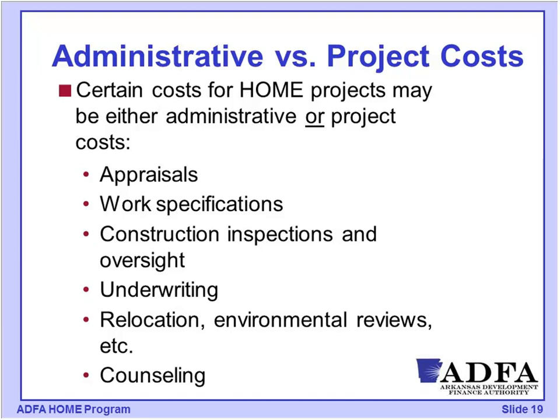If my function with the HOME program was doing the inspections, let's say we're running a homeowner rehab program, I'm going to do the initial inspections of those units that we're going to assist, write up a scope of work, and create work specifications that are going to be used as part of our bid packets for those projects. And then I'm also going to be the person that, as they request draws or as I do my ongoing inspections, is going to that site and inspecting the work that's being completed.